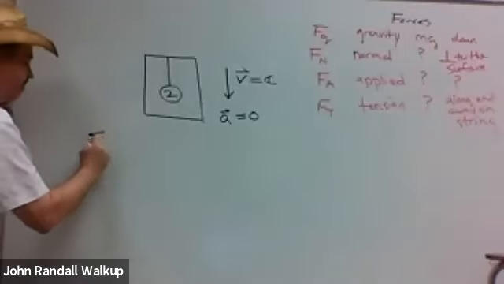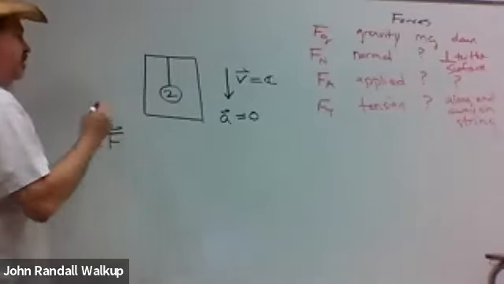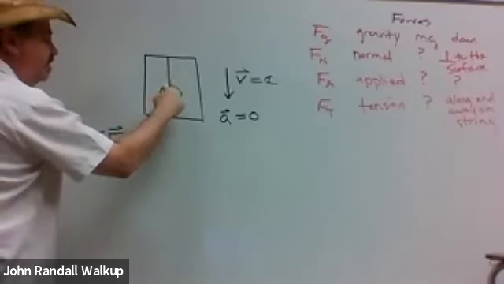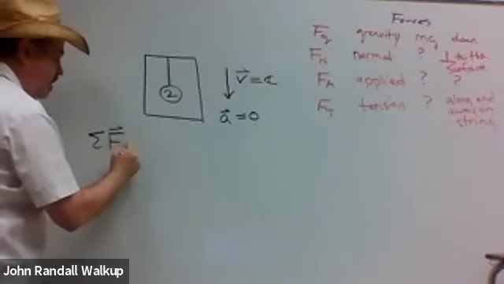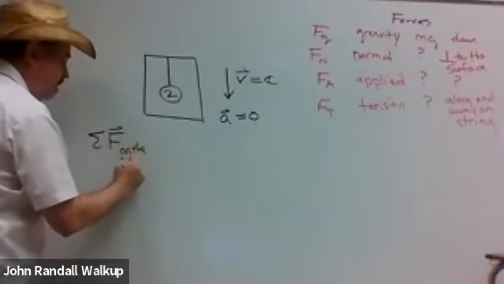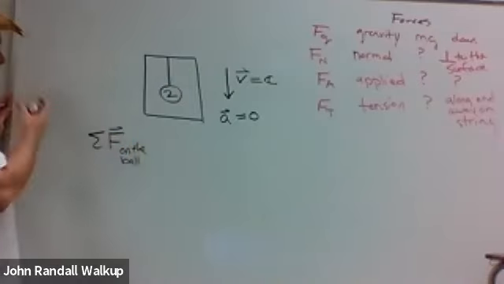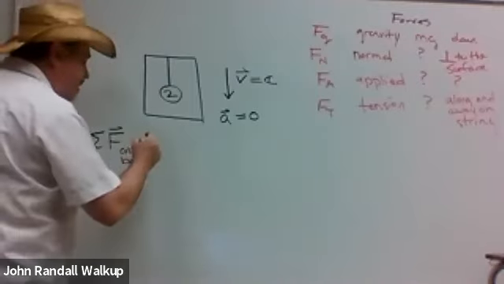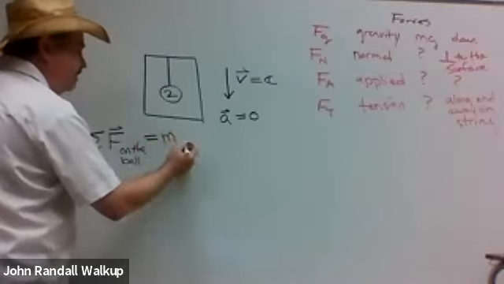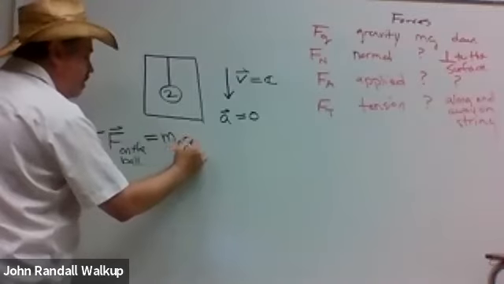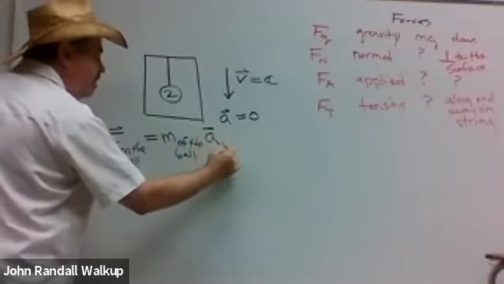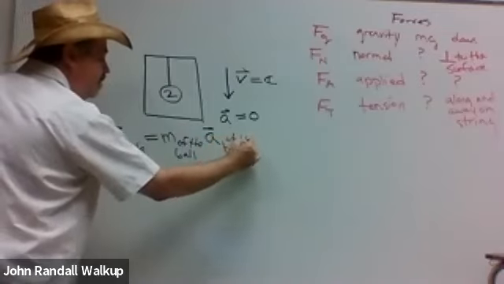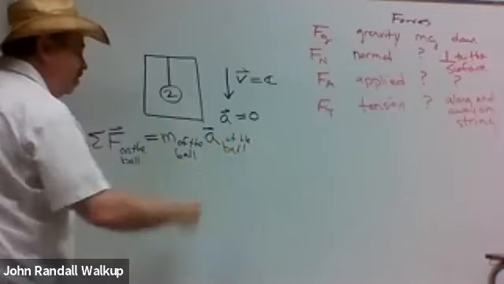You're going to vector sum all the forces that act on the system. Well, I think this will be the system right here. So it's going to be the forces on the ball. It could be a bowling ball, although 2 kilograms is awfully light. And that's equal to the mass of the ball, which we know, times the acceleration of the ball, which is 0.